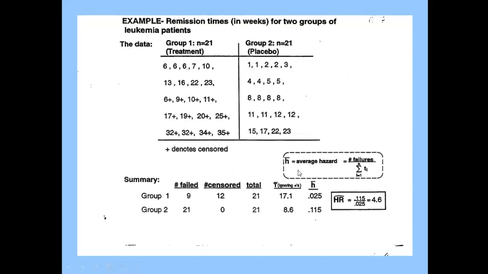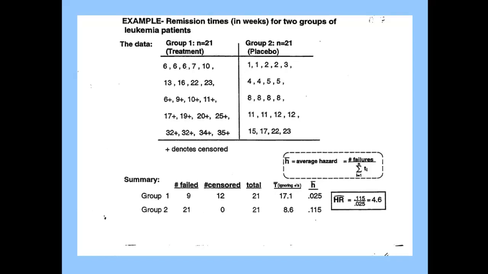Okay. So what you can see from what's on this slide, and I haven't talked anything theoretically about survival yet, is that the mean, ignoring the pluses, for group 1 was higher than the mean for group 2. But what do you notice about the rates? The rate for group 1 is smaller than the rate for group 2. And does that make sense?